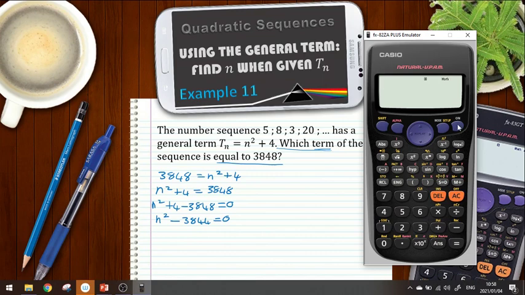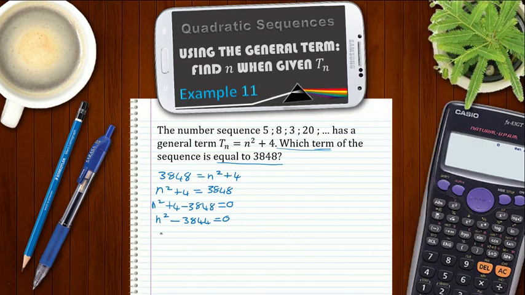So if we take the square root of 3844, we get 62. Therefore I can apply a difference of squares. I can say, n plus 62 and n minus 62 equals 0. So then we have that n is equal to negative 62, or that n is equal to 62.